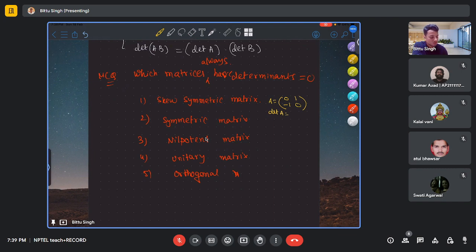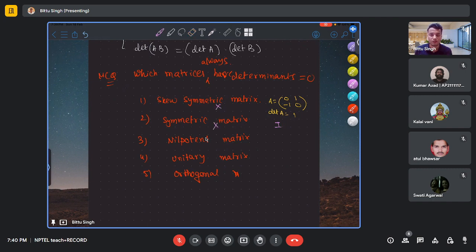This is same as 1 times minus 1 and negative. So this is same as 1. So a skew symmetric matrix may not have determinant 0. So it is wrong. And what about a symmetric matrix? This is also wrong because consider identity. Determinant of the identity matrix is same as 1. So this is also wrong.